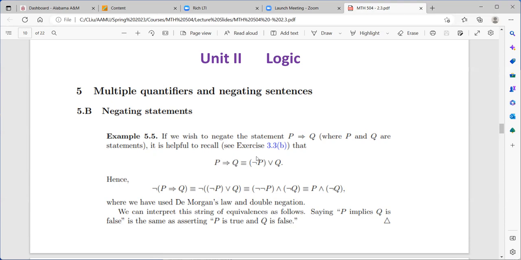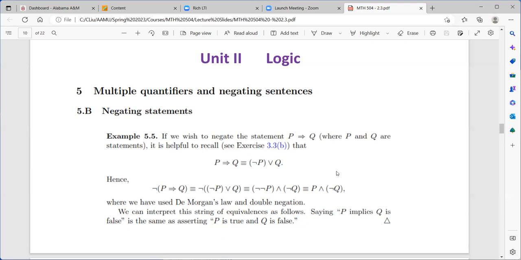Then you just find the negation of P, and do the disjunction with Q in the other columns, and you can see these 2 compound statements give the same truth value. Exactly. So they're equivalent.